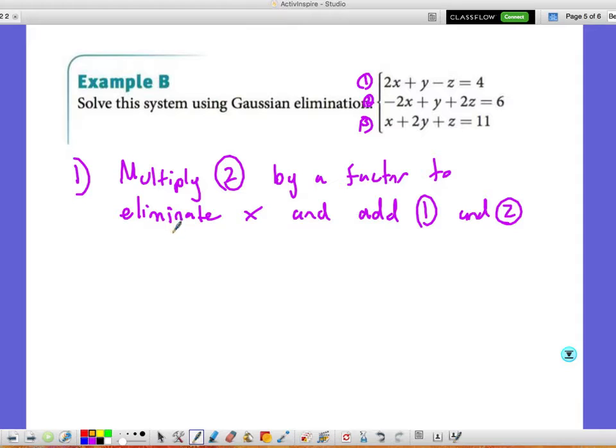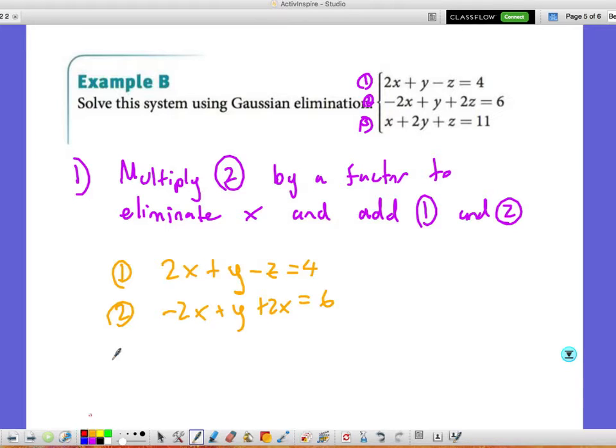Okay, so let's figure out what this looks like. Here I have equation 1, x plus y minus z is equal to 4. And then equation 2 is negative 2x plus y plus 2z is equal to 6.